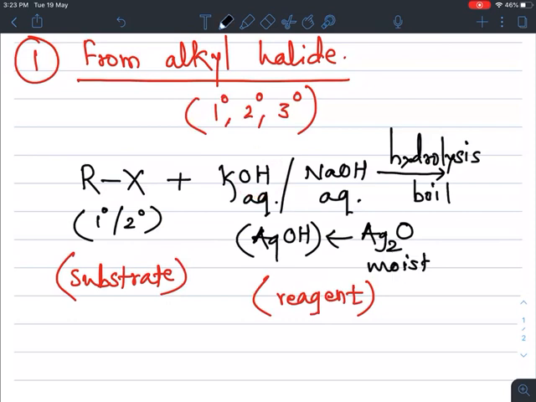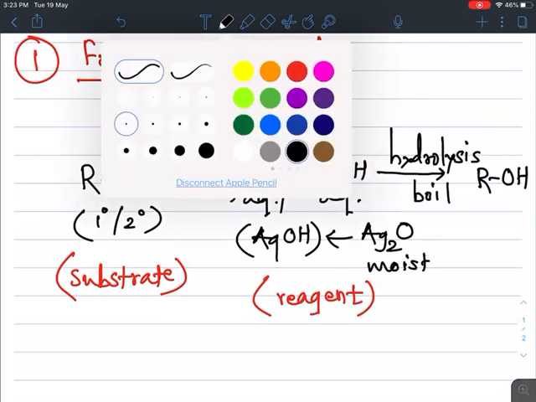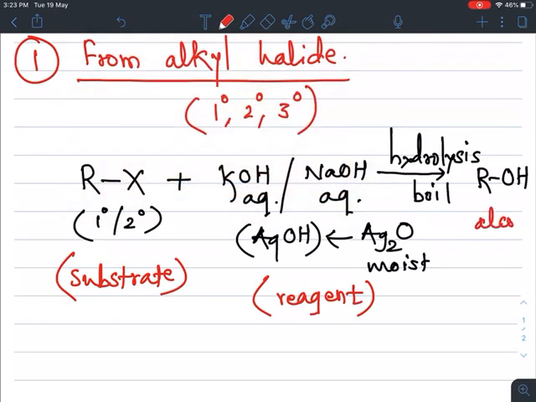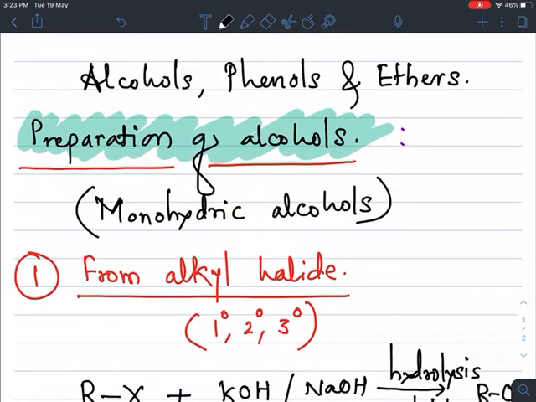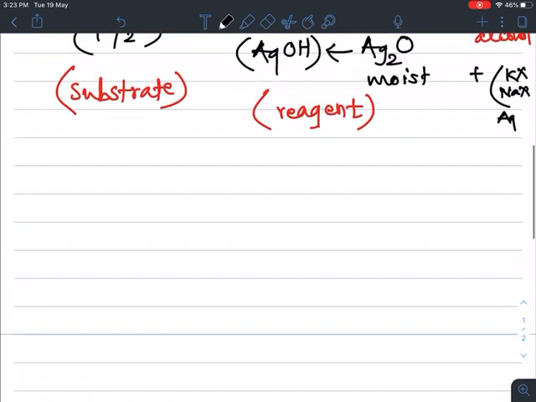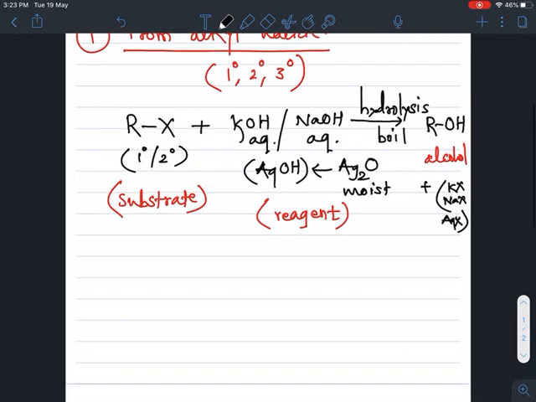What is the product? ROH, which is nothing but alcohol. The byproduct is NaX, KX or AgX, depending on which reagent is used. This is the byproduct formed during this reaction.